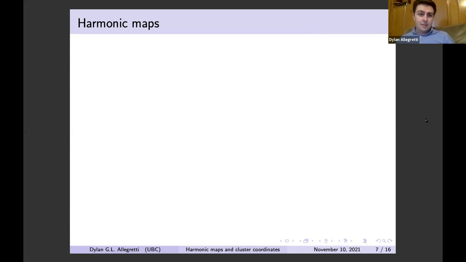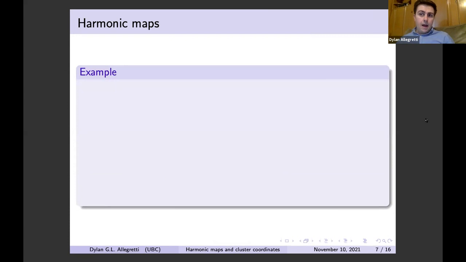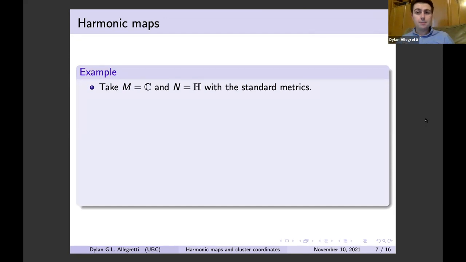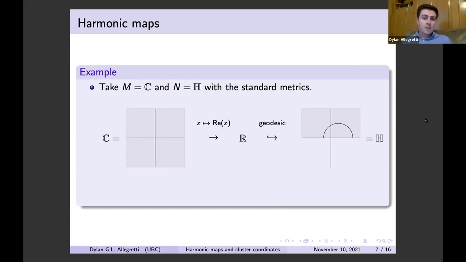And I think it's about time to do an example. So let's suppose that our Riemann surfaces are the complex numbers and the upper half plane. And each of those is, of course, equipped with some standard metric. So on the complex numbers, you have the Euclidean metric. And on the upper half plane, you have this Poincaré metric that I wrote down earlier. So those could be our Riemann surfaces. And then I'm going to construct a map between them in the following way. So first, let's take a point in the complex numbers and take its real part.